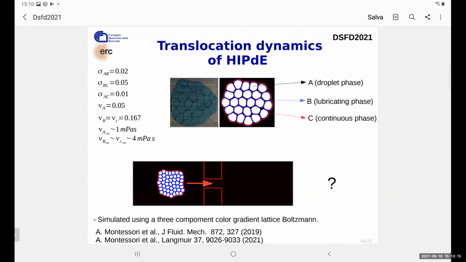So each droplet checks in its surroundings whether there is an interface of another droplet. And if within 2-3 lattice sites there is another interface, then the force is switched on, and there is a repulsive force, which avoids the merging of the droplets. It's a different mechanism with respect to the previous one I showed, but it has the same aim: providing a mesoscale representation of the near contact interaction.